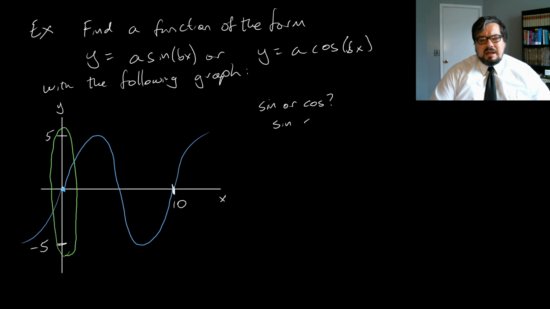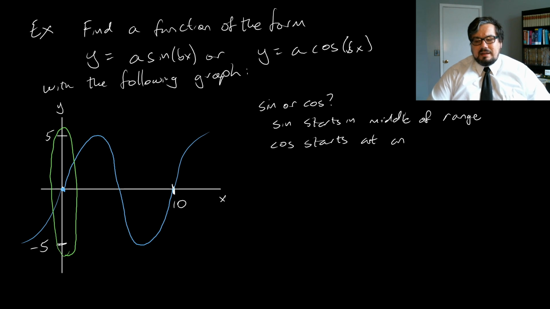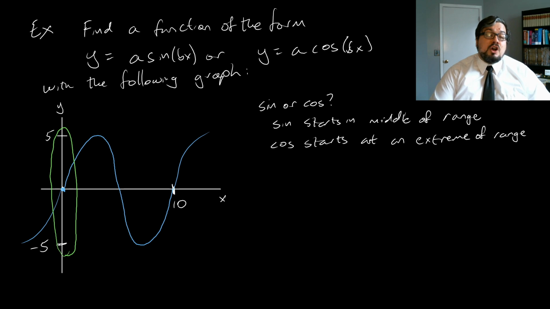So sine starts in the middle of the function's range. Cosine starts at an extreme of the range. So cosine would start either all the way up here at the top or all the way down here at the bottom.